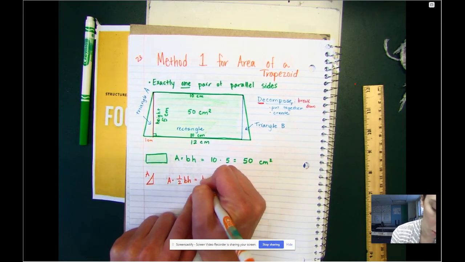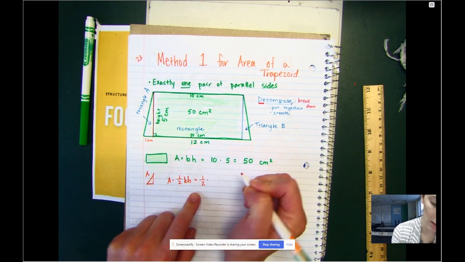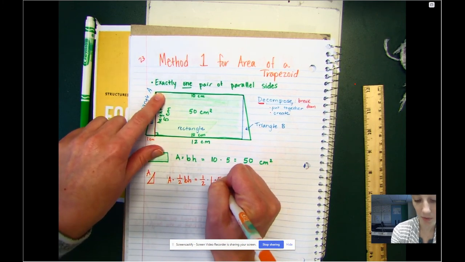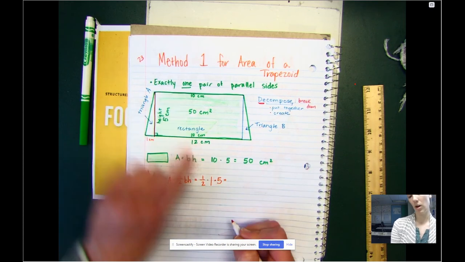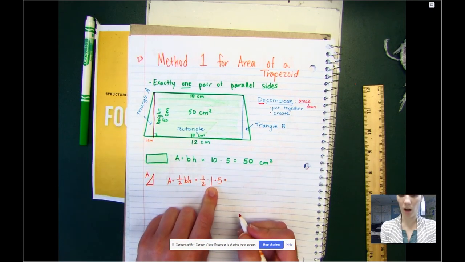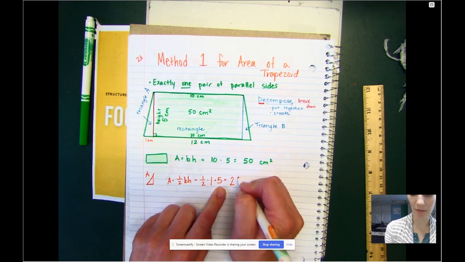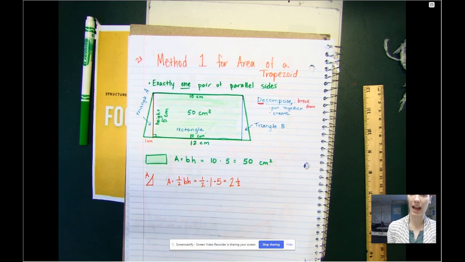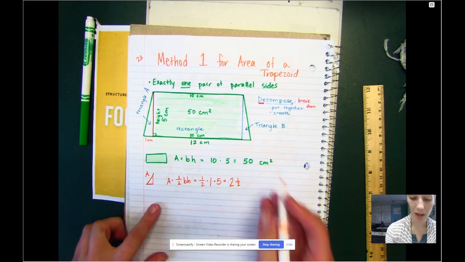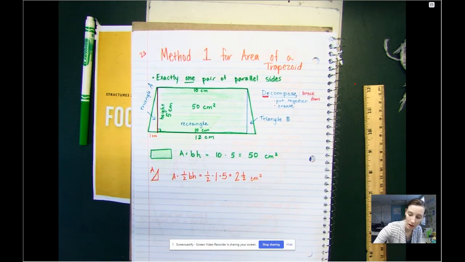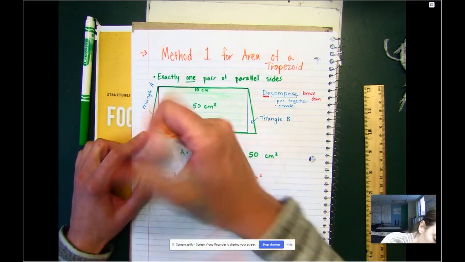So if I have 1/2 times the base is 1 times the height is 5, 1/2 of 1 is half. Half times 5 is 2.5. Or 5 halves, which would equal 2.5. Okay, 2.5 centimeters squared.